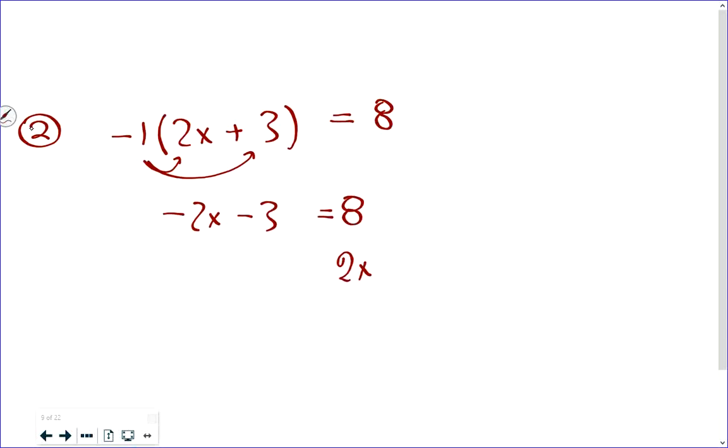I would probably move the 2x to the right side where it's positive, and I would subtract 8 from both sides and get -11. So x is -11 over 2.